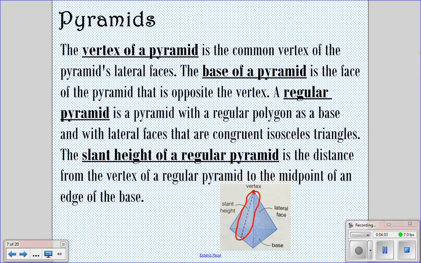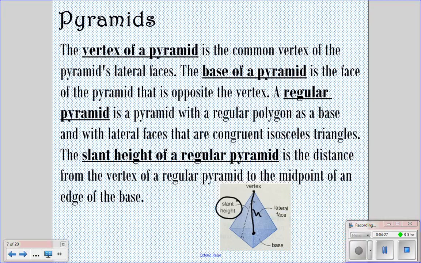Now, the height of your pyramid is different than the slant height. For the height, it's going to start here, and it's going to go down into the middle of your base. So that line that I drew in is the height, and this over here is the slant height. Those are two different things.